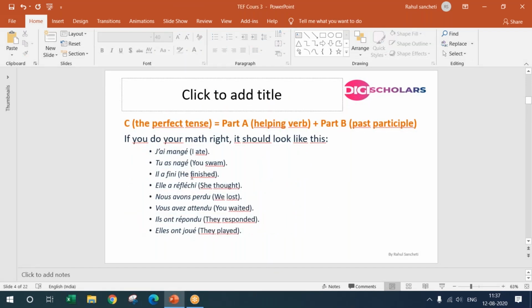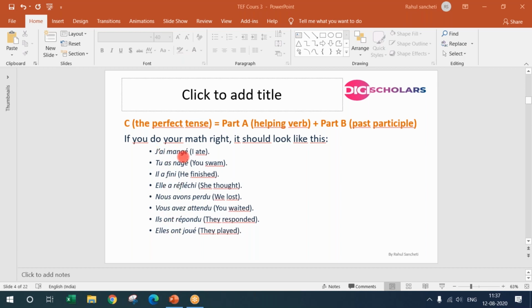These are some of the examples we have seen. For our understanding, we have written part A as the helping verb and part B as the past participle. This is just for your understanding. The first verb is part A, which you have already seen, and it is always the avoir verb: j'ai, tu as, il a, elle a, nous avons, vous avez, ils ont, and elles ont.